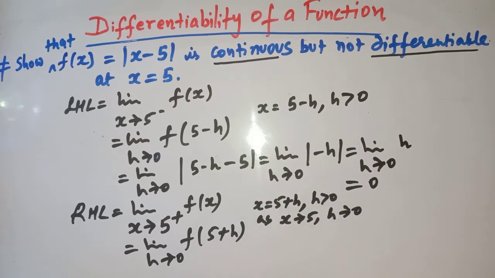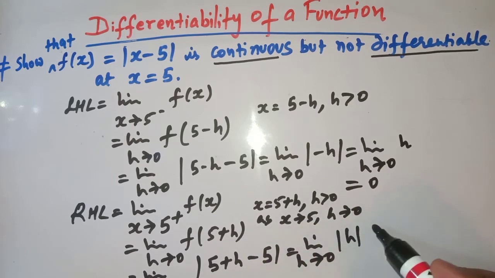Clear? So we have limit h tends to 0, f of 5 plus h is 5 plus h minus 5. So we have limit h tends to 0, 5 gets cancelled, we have mod of h, which is equal to limit h tends to 0.